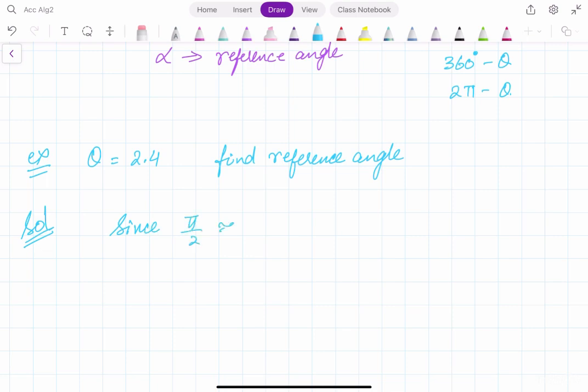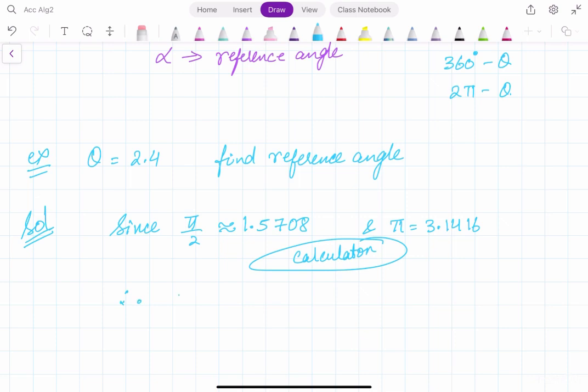So when it doesn't say specifically, we consider theta as radians because there is no degree symbol. Because pi over 2 is approximately this value and pi is 3.1416 and we are talking about theta as 2.4, that means it should lie between pi over 2 and pi. That means the quadrant should be 2.